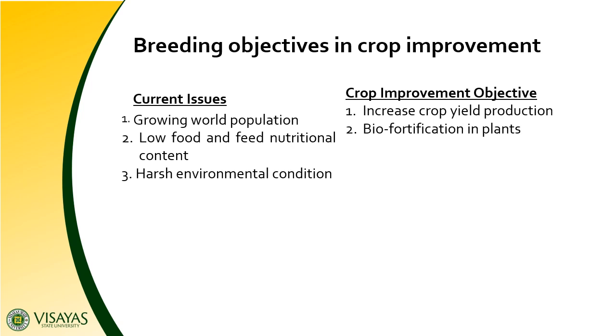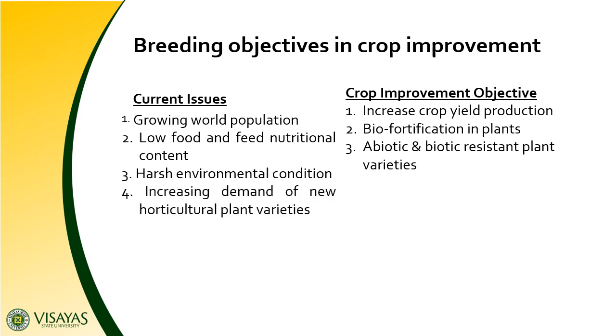Then you have harsh environmental conditions. As we all know, we are facing global climate change. So the environmental condition or growing condition of plants becomes unfavorable. So you have the development of biotic and abiotic resistant plant varieties, and then increased demand for new horticultural plant varieties, especially during the pandemic.